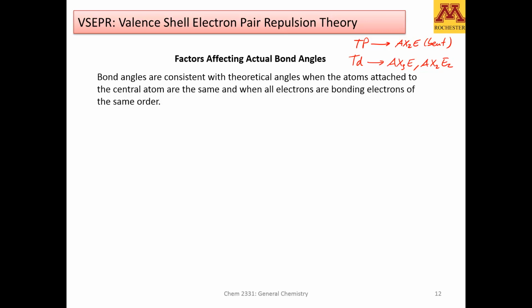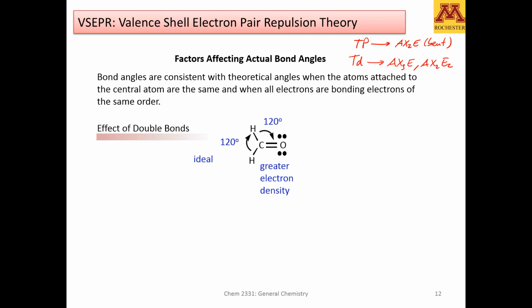We said, well, the angles are going to be similar to the original tetrahedron or the original trigonal planar. We want to know to what extent they will be similar, and will they be larger or smaller? Well, the effect of double bonds, for example, is that because they're closer to the central atom, they will have an effect as if they were a bulkier substituent.